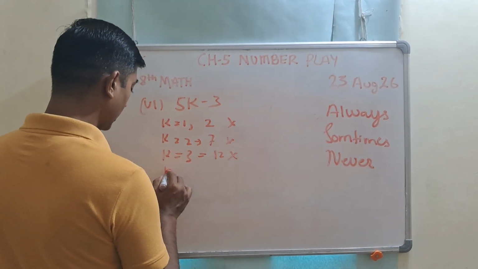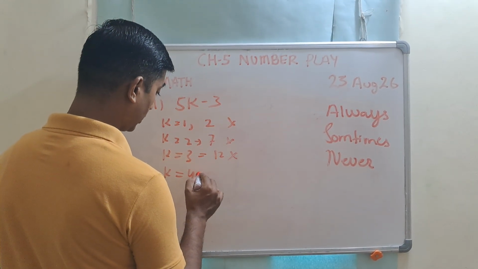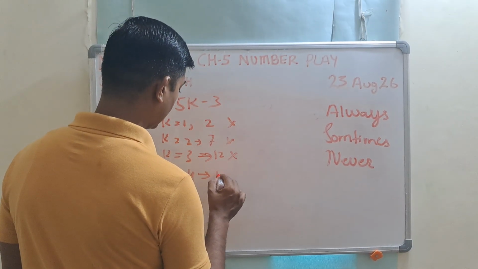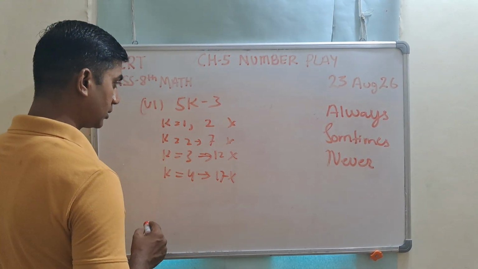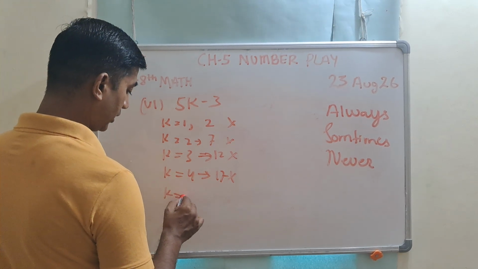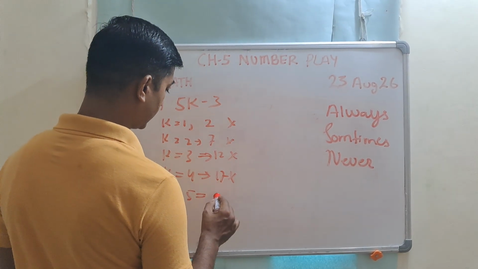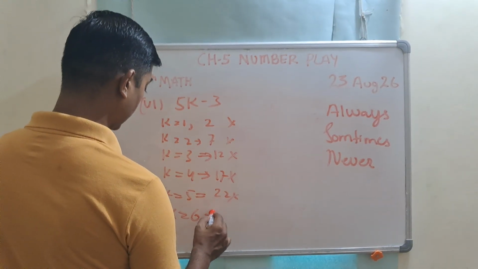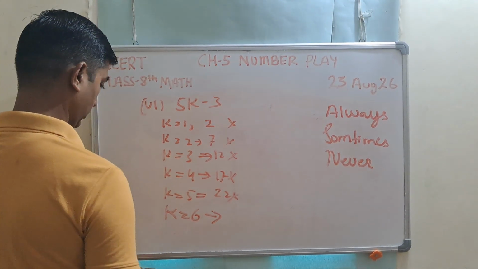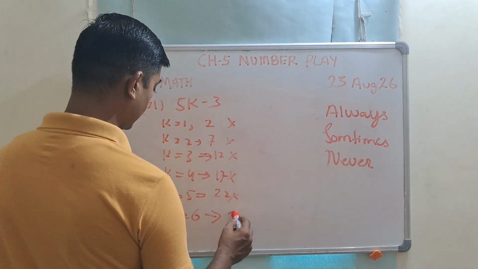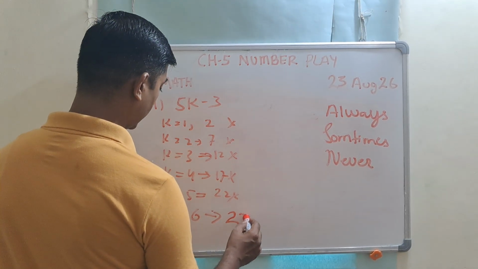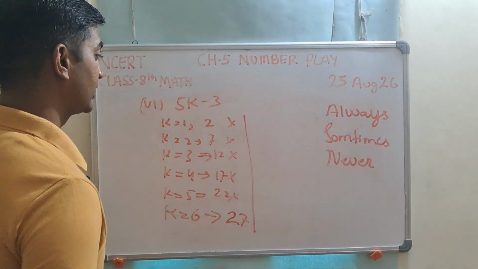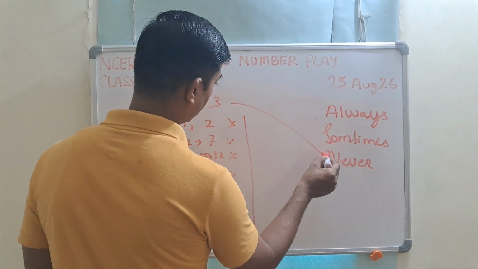Not true. K equal to 4, our result is 17. Not true. K equal to 5, 25 minus 3 is 22. Not true. And k equal to 6, our result is 30 minus 3 is 27. Not true. Understood?